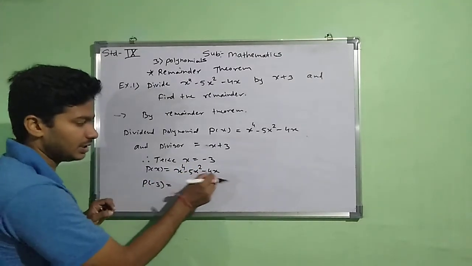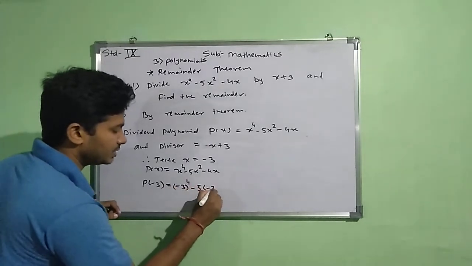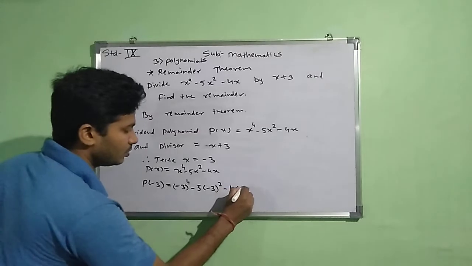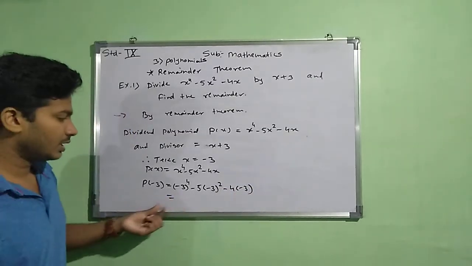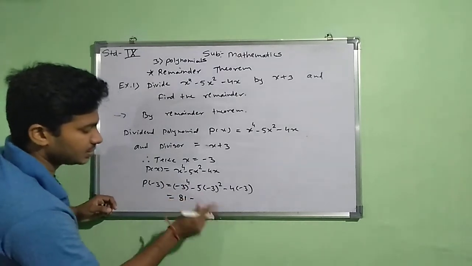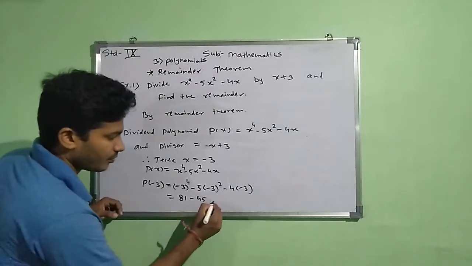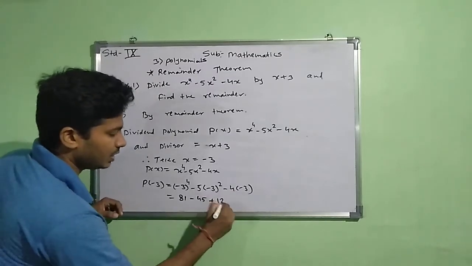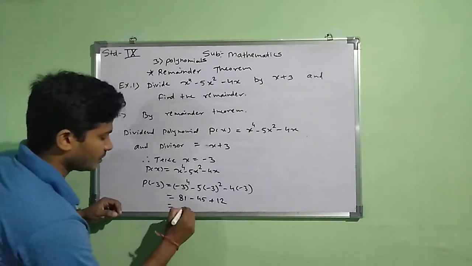Wherever we see x, we substitute minus 3. So minus 3 bracket raised to 4 minus 5 into minus 3 bracket square minus 4 into minus 3. After substituting, minus 3 raised to 4 is 81, minus 45, plus 12. So the final answer will be 48.